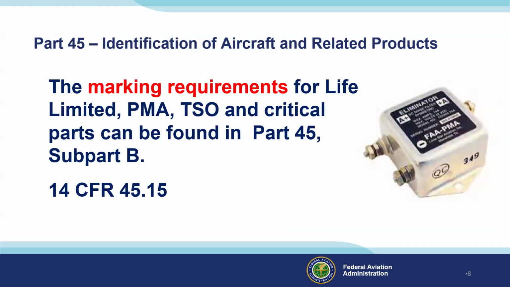So Part 45, just a couple slides here on that. It gives the marking requirements for life-limited, PMA, TSO, and critical parts. And that's in subpart B. And you can see that interference eliminator, and it's marked FAA-PMA.